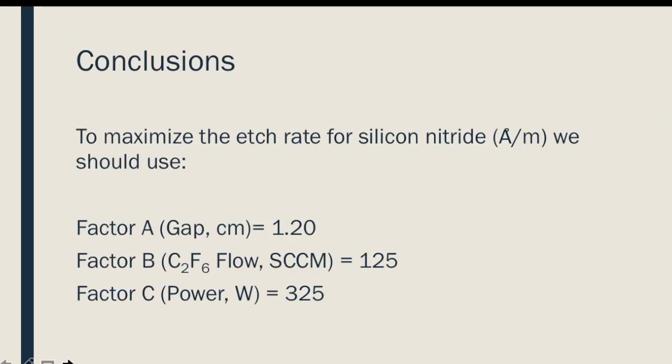So in conclusion, to maximize the etch rate of silicon nitride, we should use for factor A 1.20 centimeters, that should be the gap. For factor B, we need to use the cheapest one, so as you need less material, we need to use the 125. But for factor C, we need to use the highest power to have less dispersion and less variability, and that is 325.